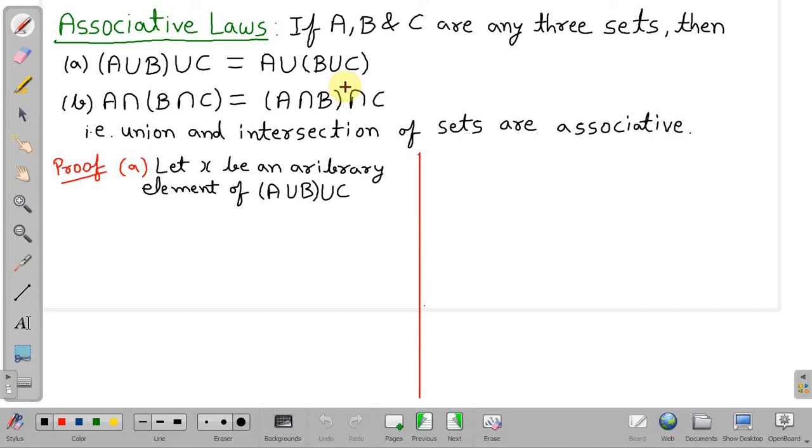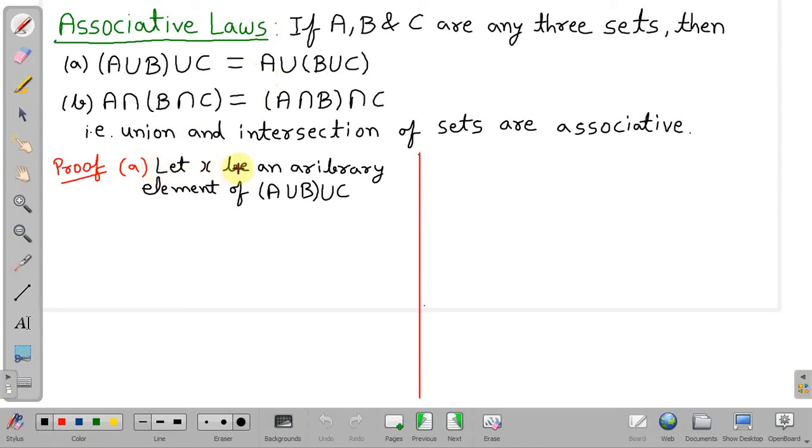First prove that set X is a subset of set Y, and then prove that set Y is a subset of set X. Then we can say that set X is equal to set Y. Similarly, here we can do the same. That is, if we can prove that LHS is a subset of RHS and RHS is a subset of LHS, then they will be equal.